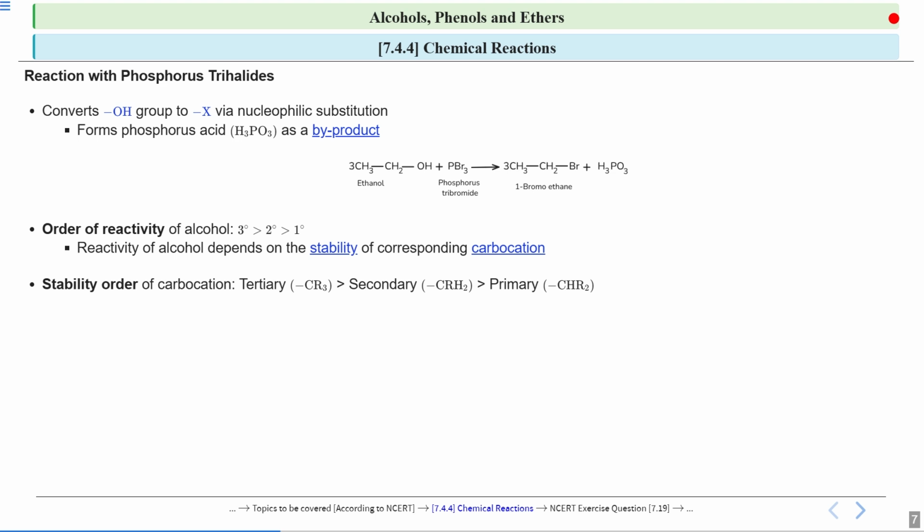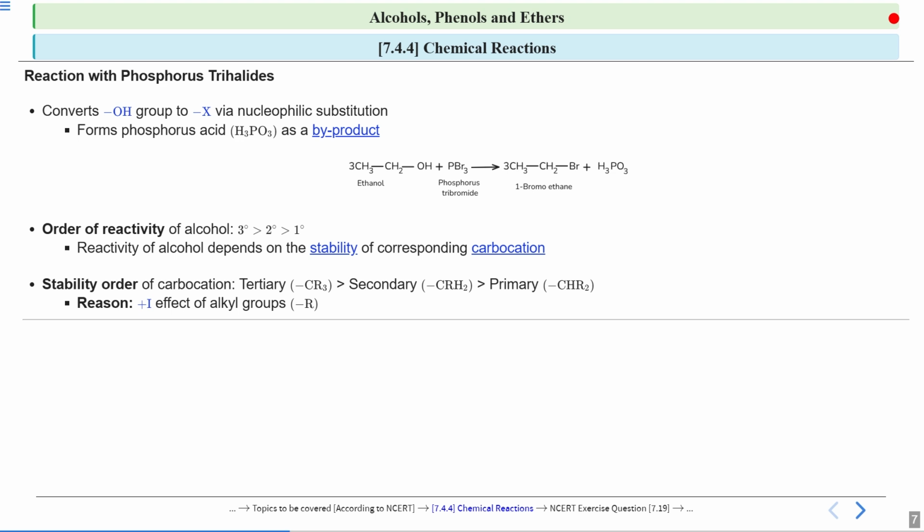They help spread the positive charge, which makes the carbocation more stable. So the order of reactivity will be 3 degree, 2 degree and at last 1 degree, and the reason for this stability is the plus I effect of alkyl group.